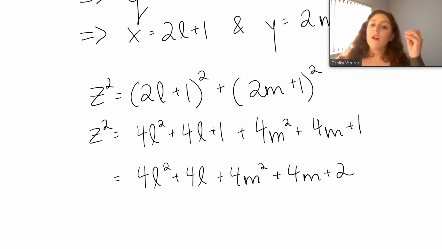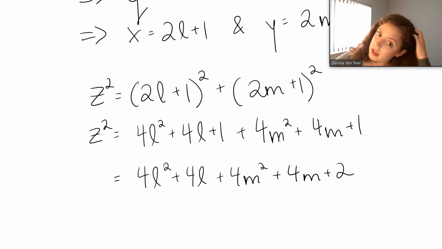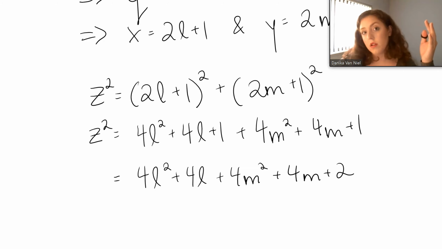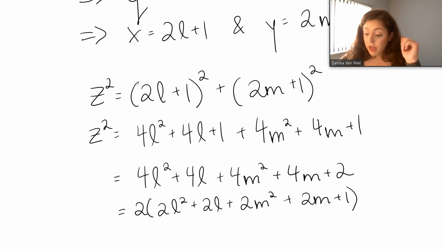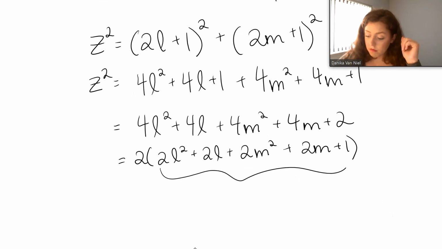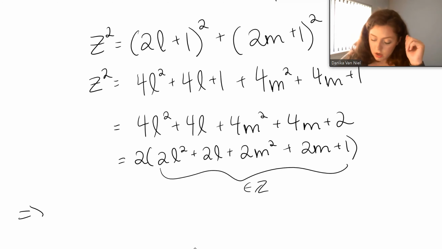But what if I could show that z squared is divisible by 2? Yeah, I think I could do that because I could pull a 2 out of this whole thing. And then this whole thing is in the integers. So then z squared is divisible by 2.